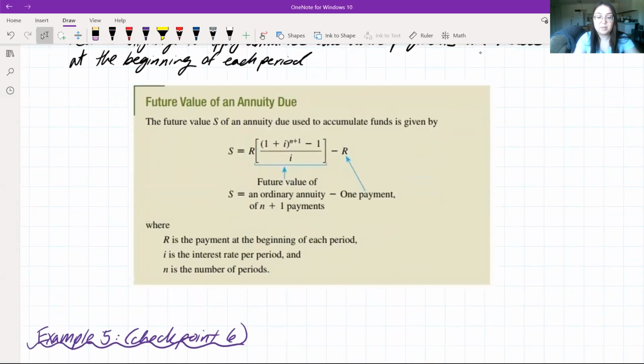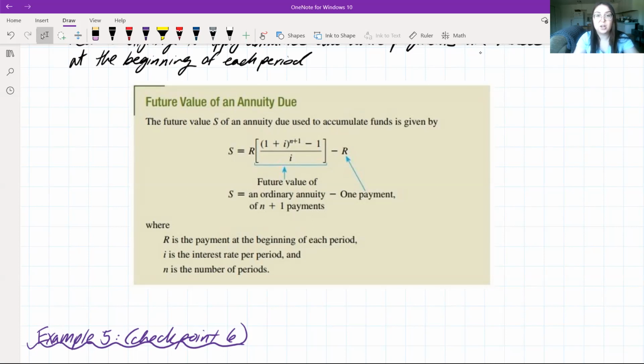So we have the future value of an annuity due. The future value S of an annuity due used to accumulate funds is given by S equals R times (1 plus i)^(n+1) minus 1, all divided by i, minus R. So this is telling us that S is equal to an ordinary annuity of n plus 1 payments minus one payment.